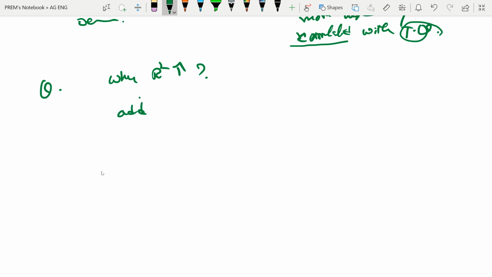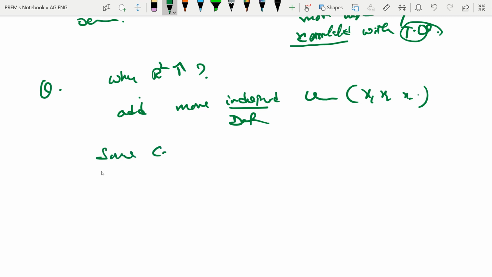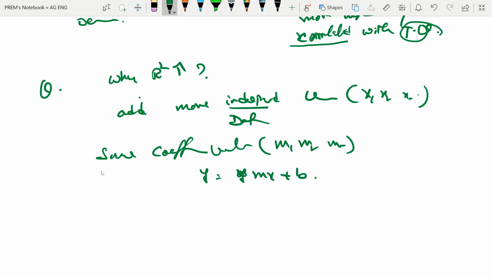Whenever you add more independent variables, x1, x2, x3 like that, to the data or model, it tries to apply some coefficient values, m1, m2, m3 like that, in the equation y is equal to mx plus b.